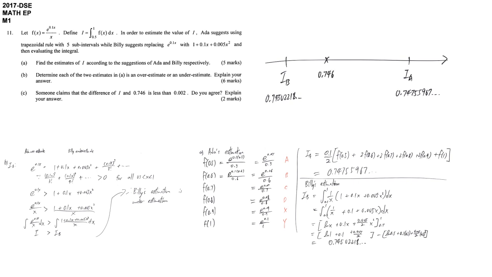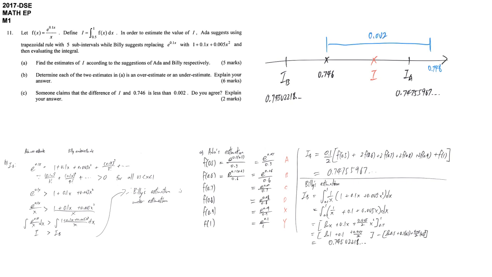Now the key point is based on our finding in part B. BD is underestimated, that means I is larger than IB. At the same time, A is overestimated, that means I is on the left hand side of IA. So maybe I is somewhere around here. If we go up from this point by 0.002, then the range goes until here, which is 0.748.